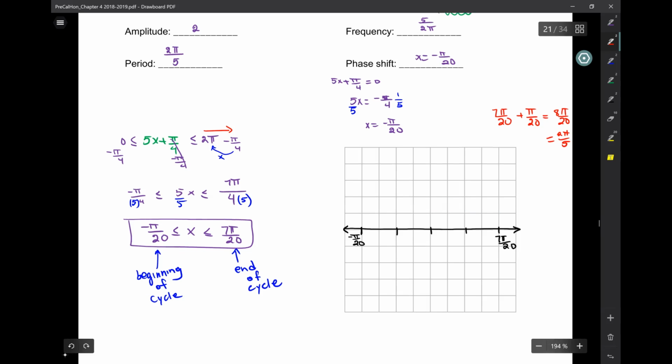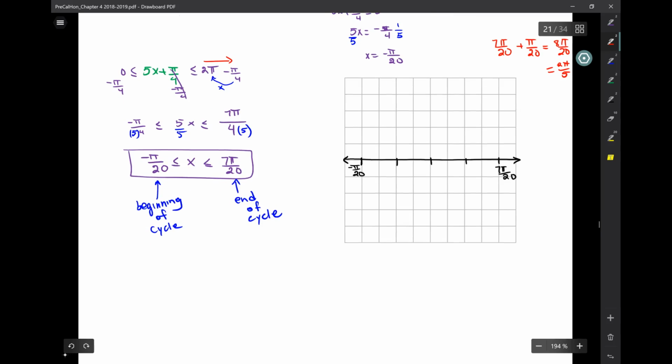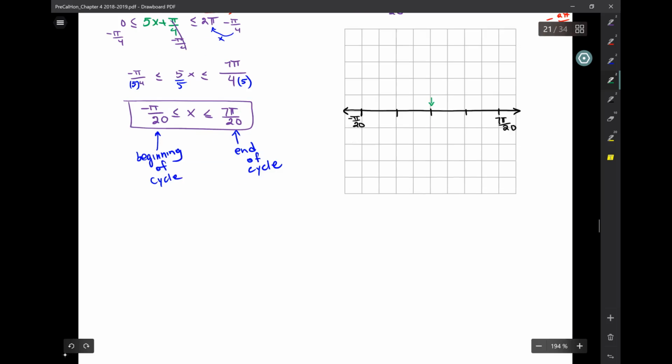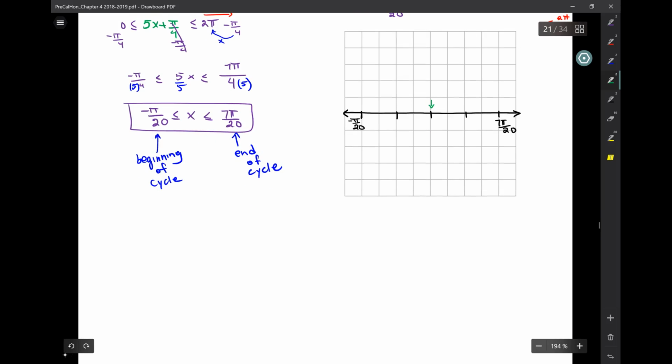Okay, now what you're going to do is go and mark the midpoints here. For the midpoint here, it's going to be the middle of the 2 points. So what I do is I add negative pi over 20 plus 7 pi over 20 and then divide by 2. Right?